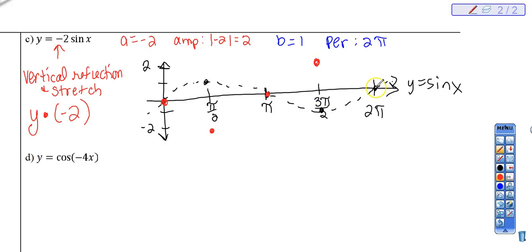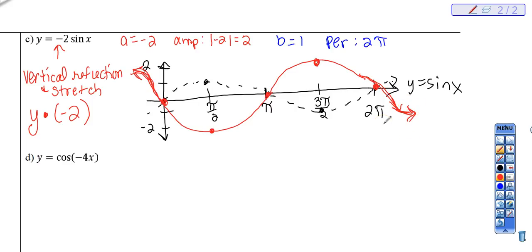And then 0 times negative 2 is 0. So your graph has a vertical reflection, maximums become minimums, and it has an amplitude change. And there you go. And this should definitely go like that. No train tracks. Don't draw train tracks on your pictures.